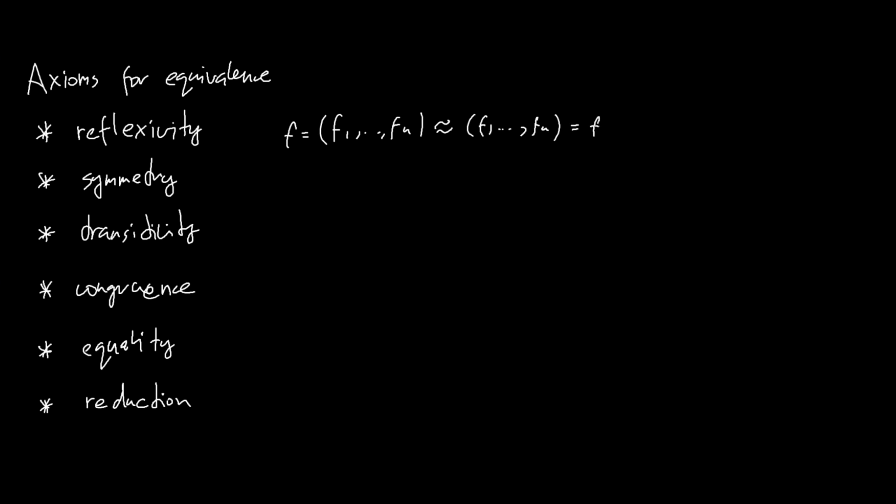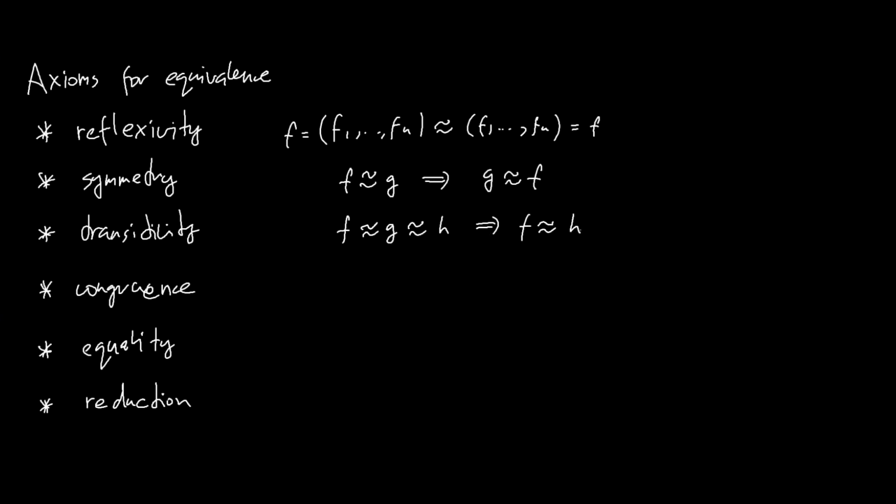I'm going to use a single letter to indicate a whole sequence of morphisms to make it shorter. Then symmetry can be expressed by saying that if F is equivalent to G, then G is equivalent to F. Transitivity can be expressed by saying that if F is equivalent to G and G is equivalent to H, then F must be equivalent to H.